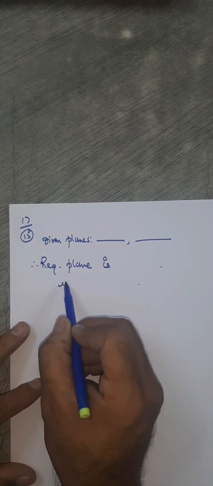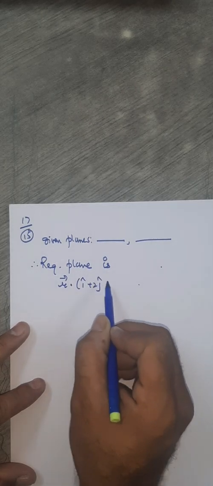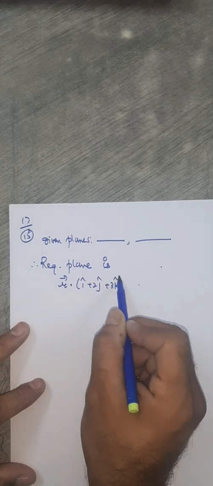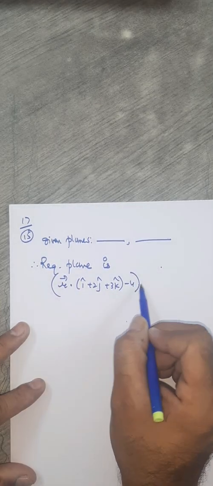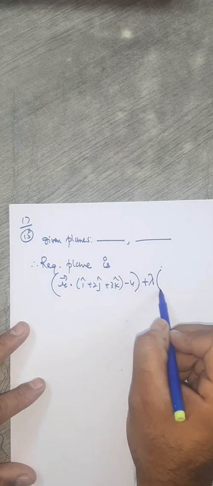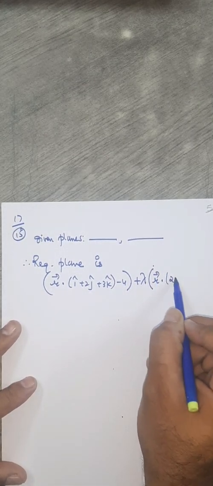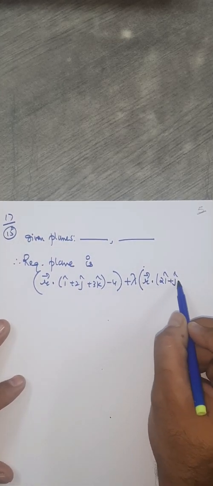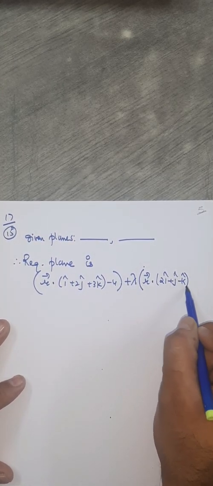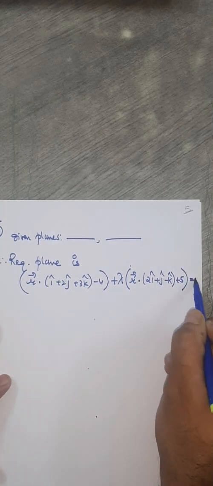So here the first plane is given by r dot i cap plus 2j cap plus 3k cap minus 4. This is one plane plus lambda into the other plane. What about the other plane? r dot 2i plus j minus k plus 5 equals to 0.